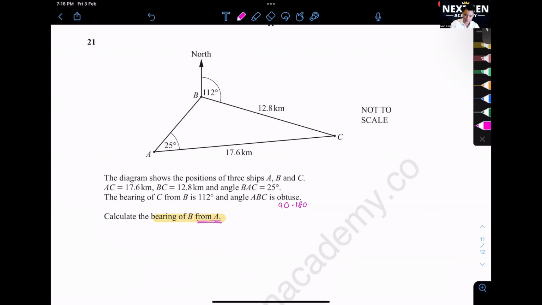So here, you write this is my starting point. We draw it out first. I need to calculate the bearing. What's the concept of bearing?